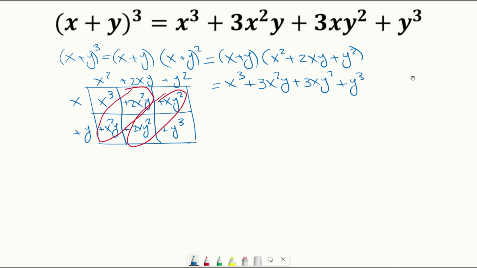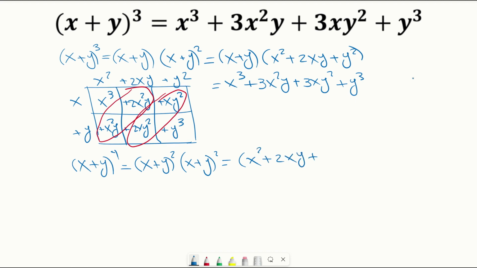which is of course the expression that we see here and we saw on the previous screen. Now if we wanted to do, for example, quantity x plus y to the 4, we would realize that that can be written as quantity x plus y squared times quantity x plus y squared, and then we would end up with quantity x squared plus 2xy plus y squared times quantity x squared plus 2xy plus y squared, and then we could just multiply it out again using the same technique.